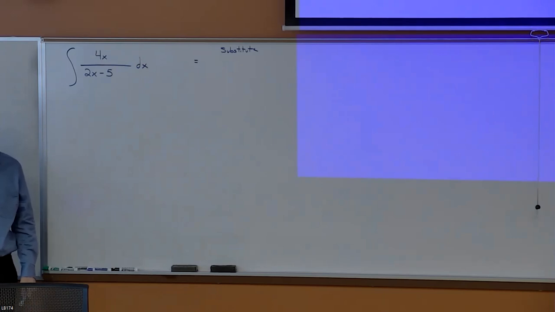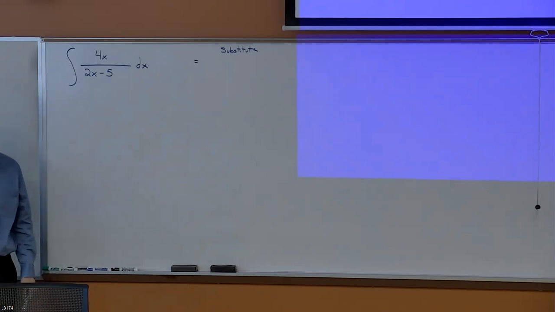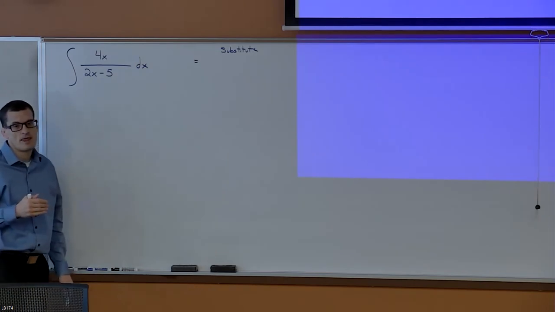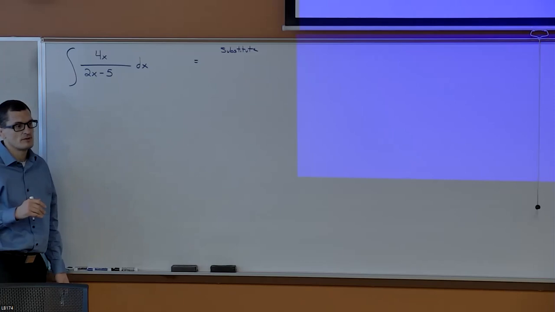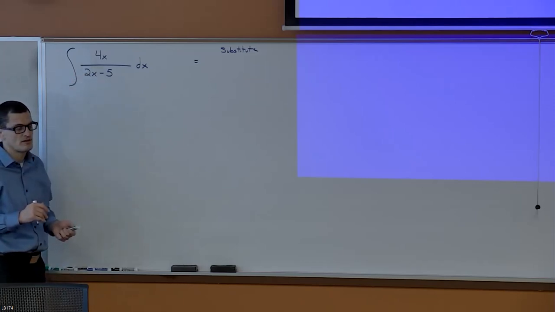Okay. And I say, let's do this using substitution. This looks like the one we did 2 times ago, right? Kind of. We had a constant over a linear piece.